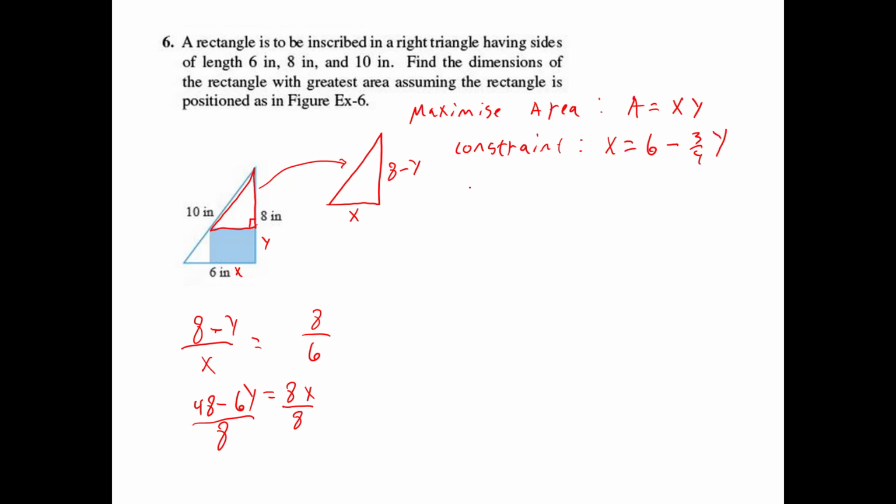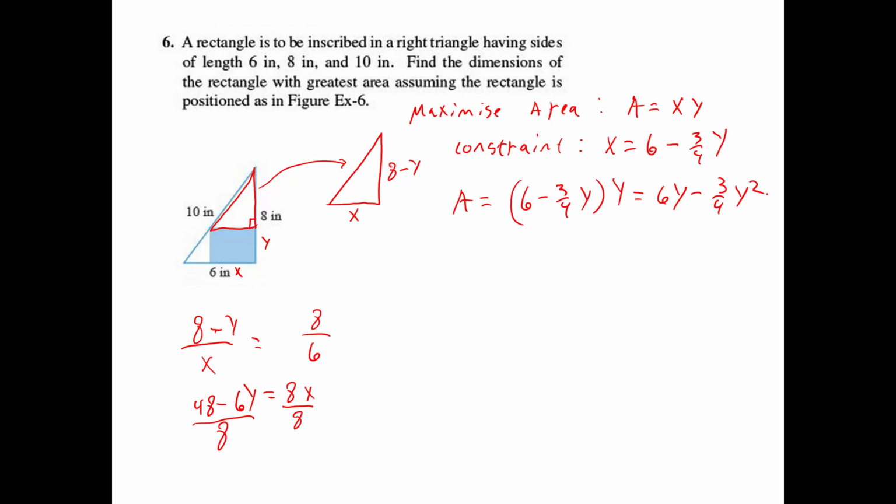And so now we can substitute in the 6 minus 3/4 y in for x. So then you get 6 minus 3/4 y, times y, which will then be 6y minus 3/4 y squared.